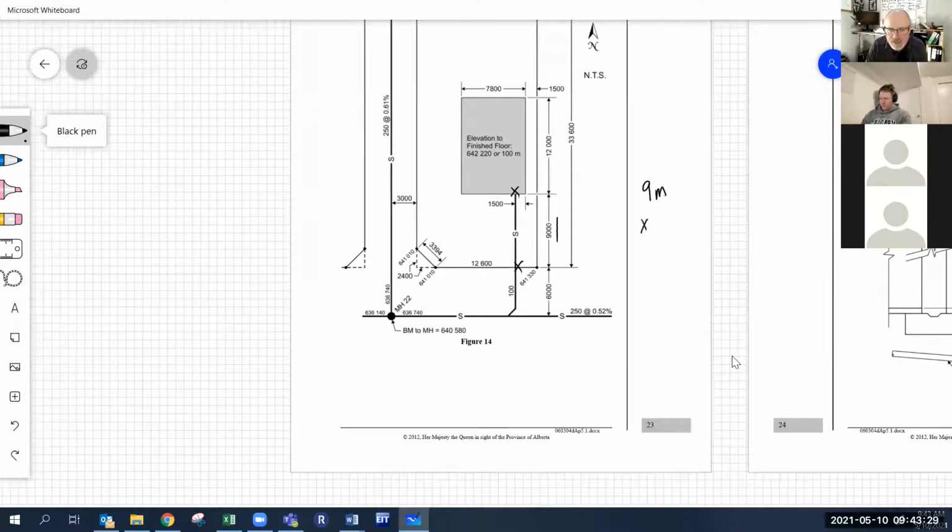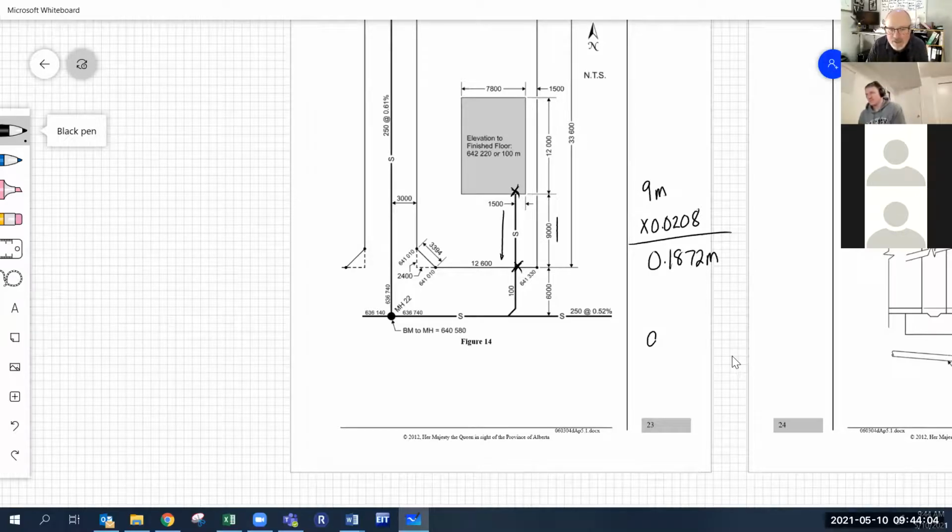So I'm going to take my run, times it by my grade, 0.0208. Which gives me a drop of 0.1872 meters. So this line, my building sewer drops down 0.1872 meters from my house to here.